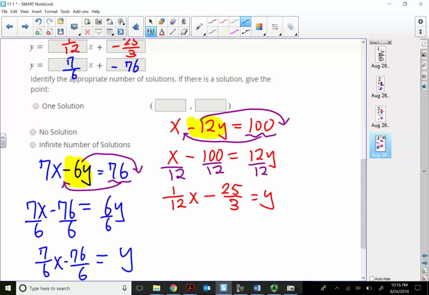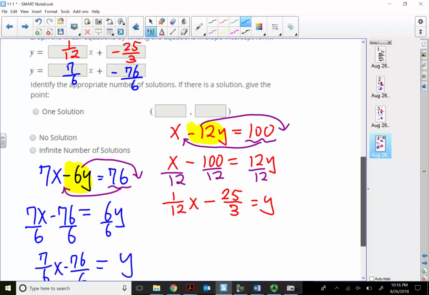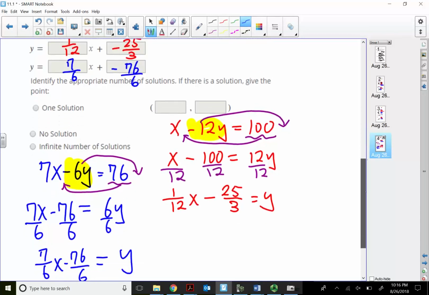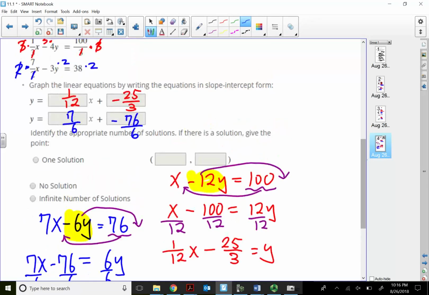Normally the computer draws the two lines and makes sure you see where they're intersecting. I thought it was going to be a certain answer, but it turns out the slopes are very different. I don't think I made any mistake here. That's 7 over 2. So that's 7, negative 6, 76.